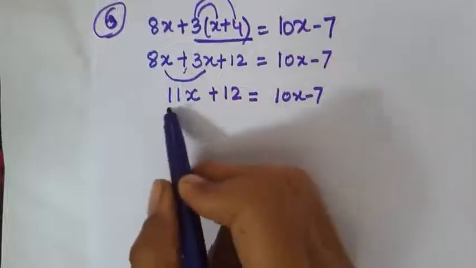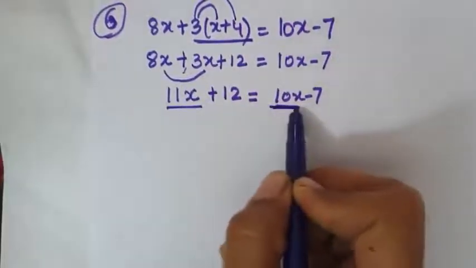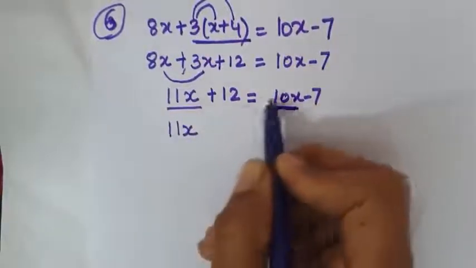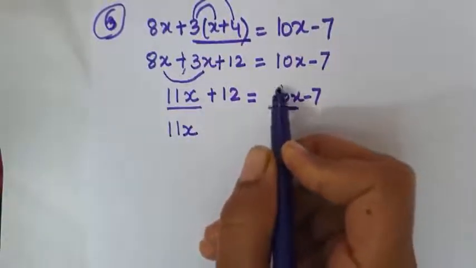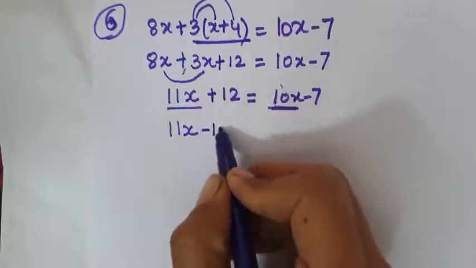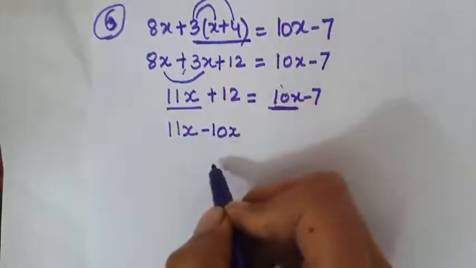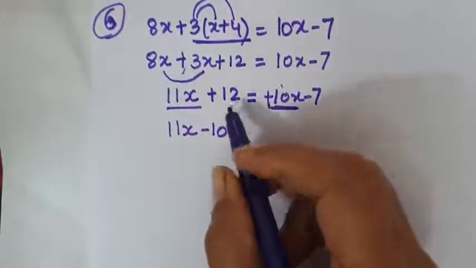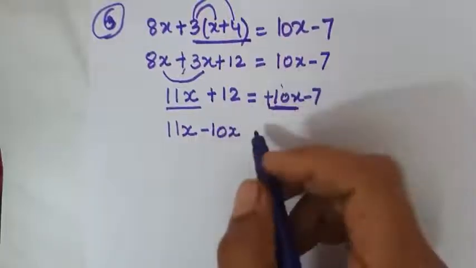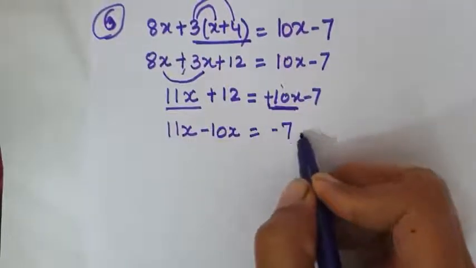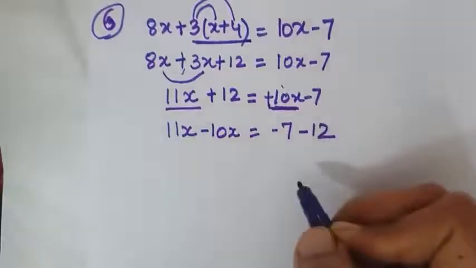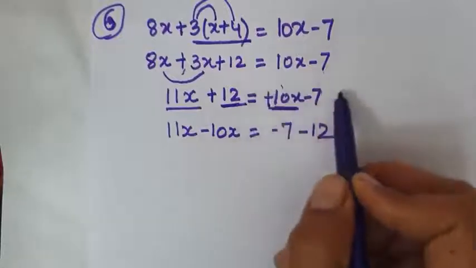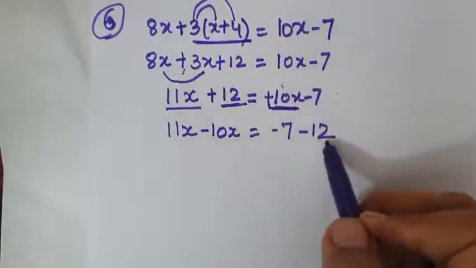Now keep the terms having variables on the one side. 11x, now 10x will get shifted, it will get minus because here it is having plus sign. Now 12 will get shifted to that side, so it will get subtracted. 12 is getting added, so when it shifts to that side, it will get subtracted.